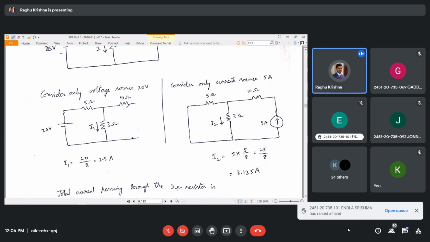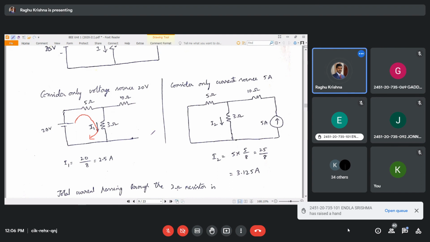So here current will be flowing only through this 5 ohms and the 3 ohms. So 5 and 3 will be in series. So 20 by 8, 2.5 amperes.